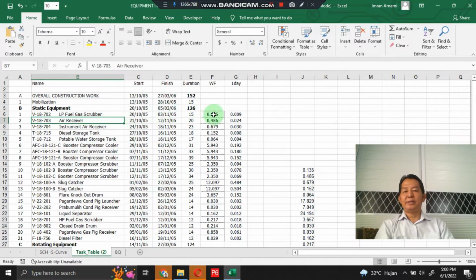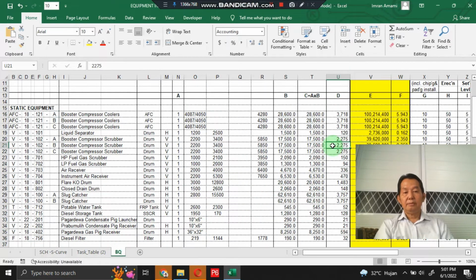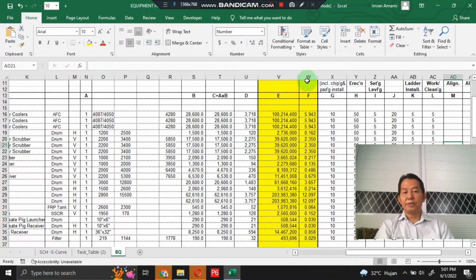To make it easier, I equipped each cell with formulas therein. For example, in this cell, this is the work factor based on contract for LP fuel gas scrubber. I took this cell from the BQ worksheet, cell W24. We check it. Worksheet W24, here.